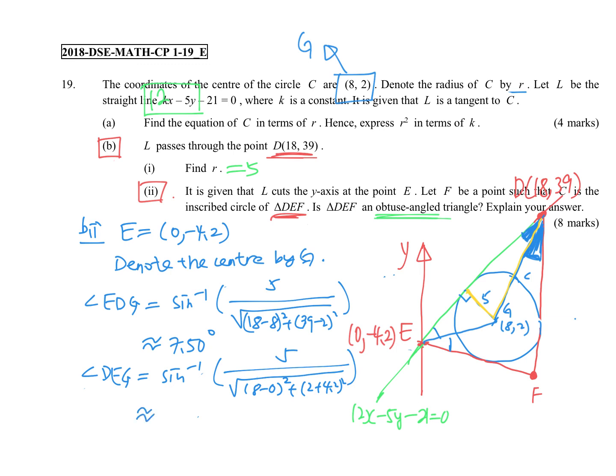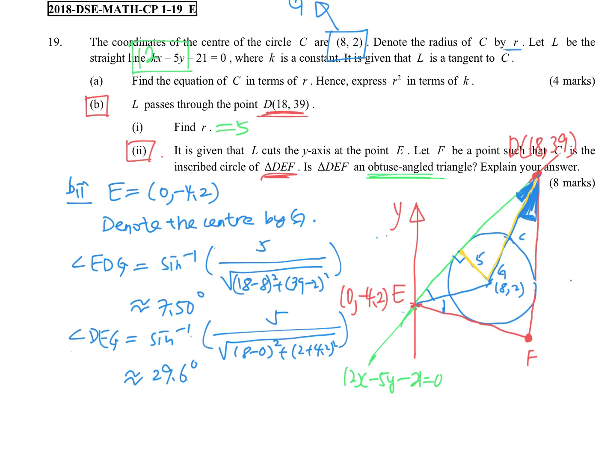Calculate again, and that will be 29.6 degrees. Multiplied by 2, it won't be an obtuse angle either.